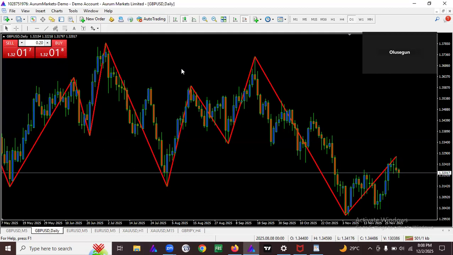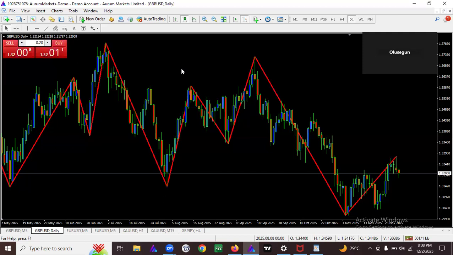The floor is your support and the ceiling is your resistance level. When you bounce a ball in that room, when it gets to the ceiling, it bounces back to the floor. When it gets to the floor, it bounces back towards the ceiling. So price moves from resistance to support, support to resistance. That's how price moves.